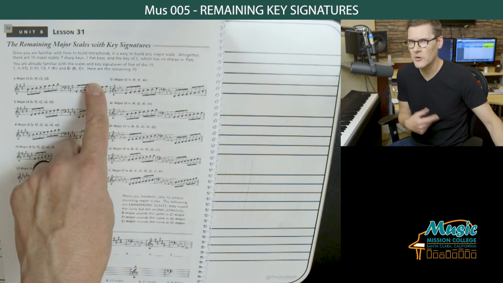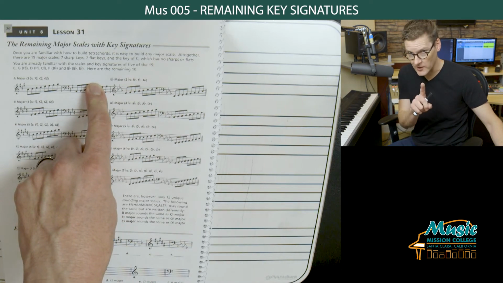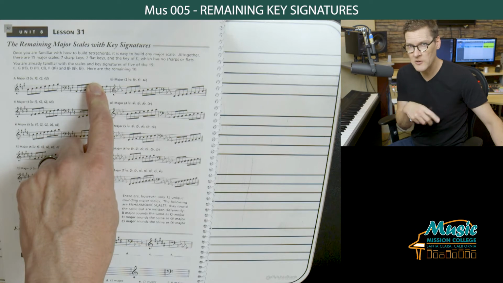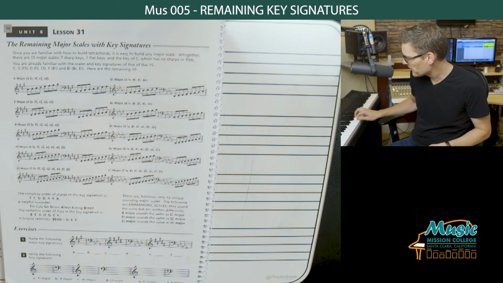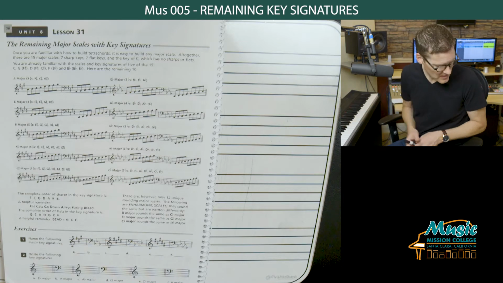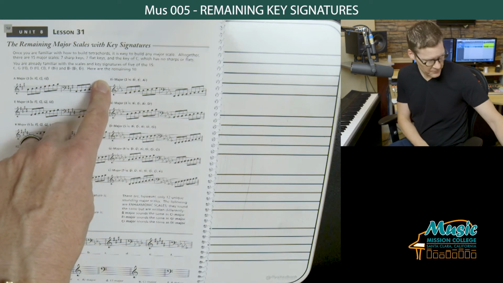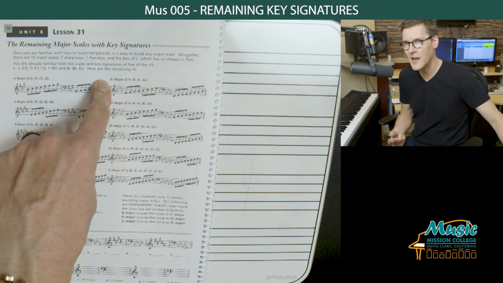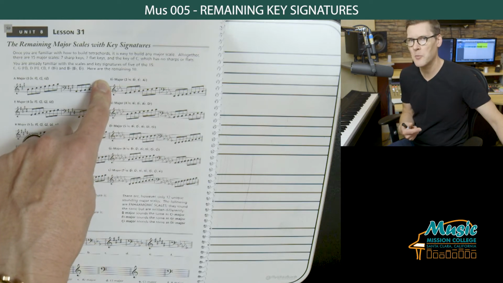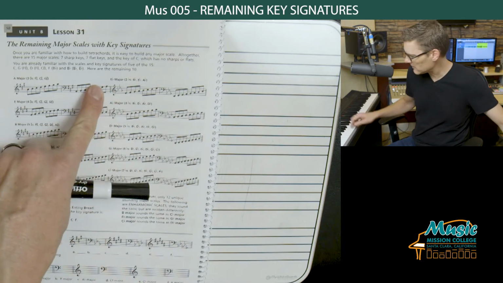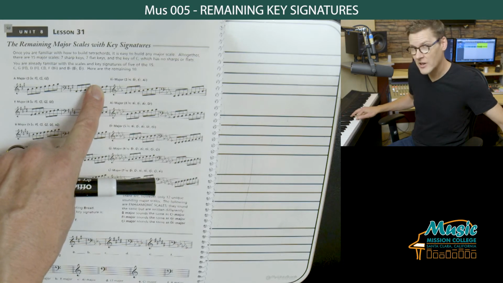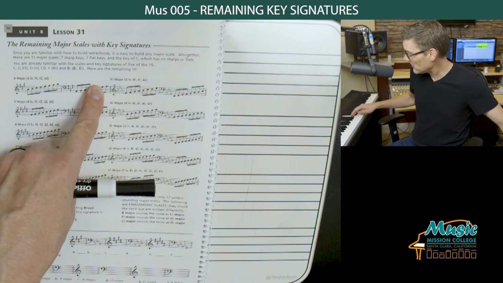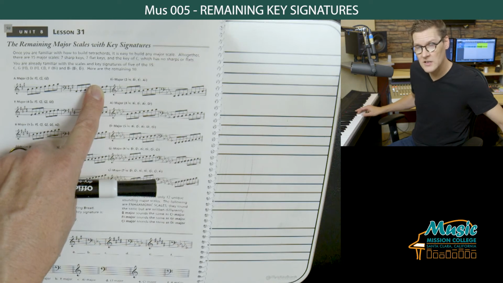On the flat side, we already did the key of F major, which has one flat. We did the key of B flat major, which has two flats, right? B flat and E flat. If we go to E flat major, it requires three flat notes in order to keep that pattern working. So let me go to E flat. I'm going to start here. There's E flat, an A flat, a B flat, C, D, E flat.